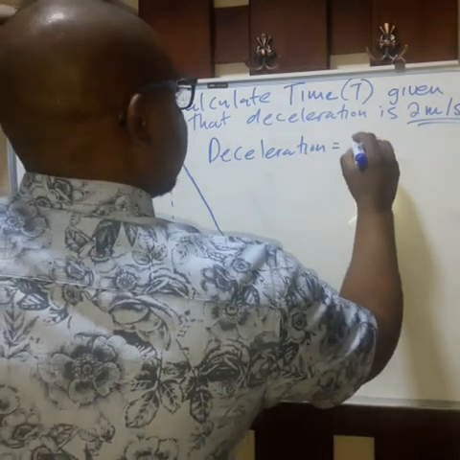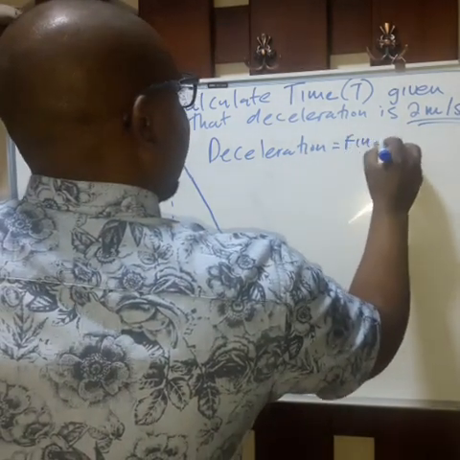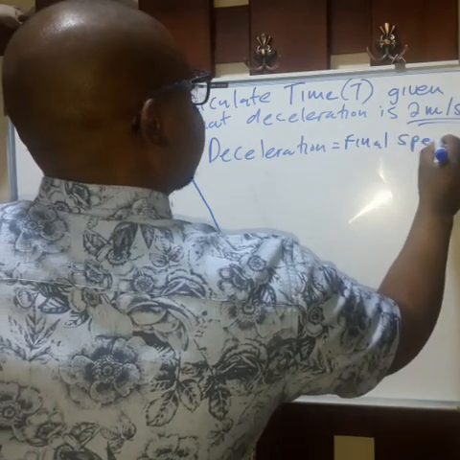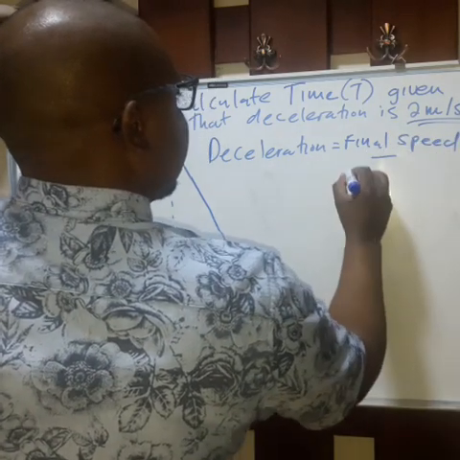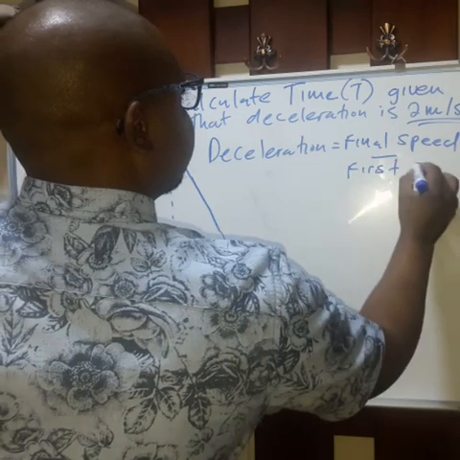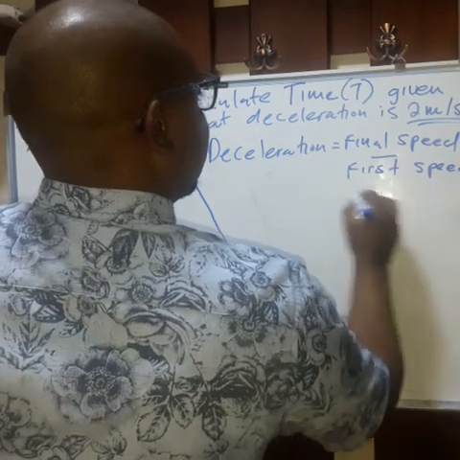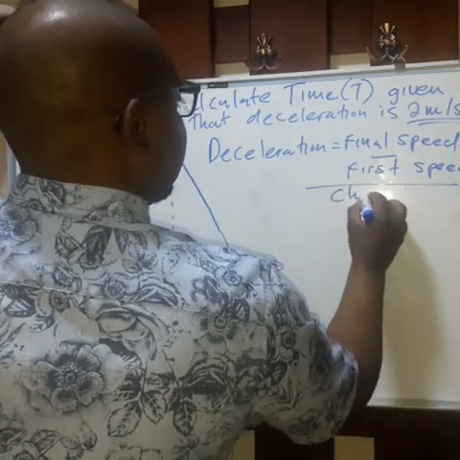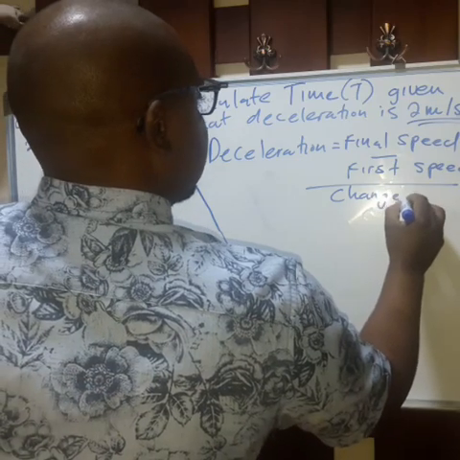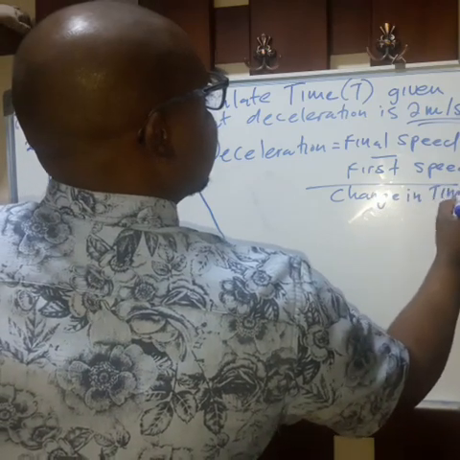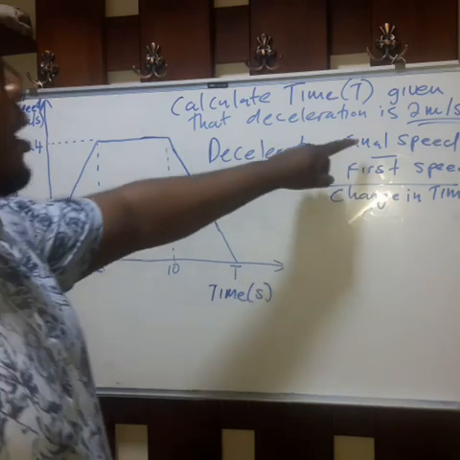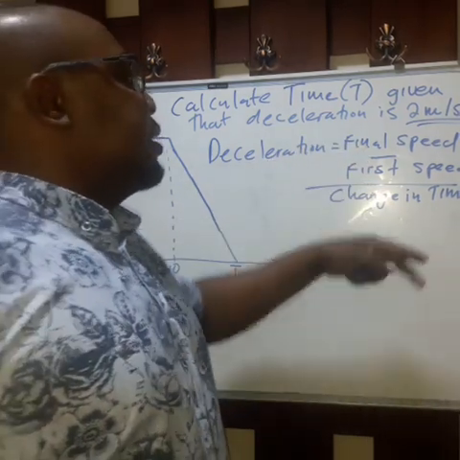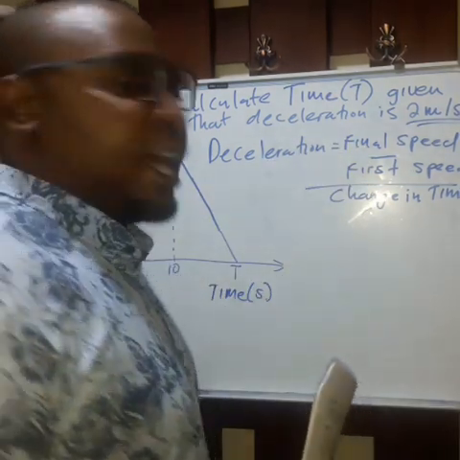deceleration is equal to final speed minus first speed over a change in time. Deceleration is final speed minus first speed, all divided by a change in time.